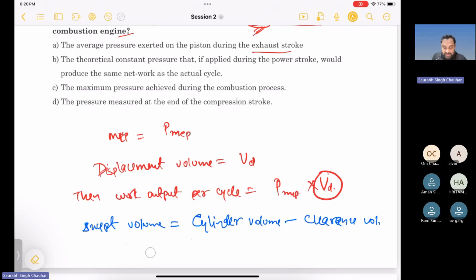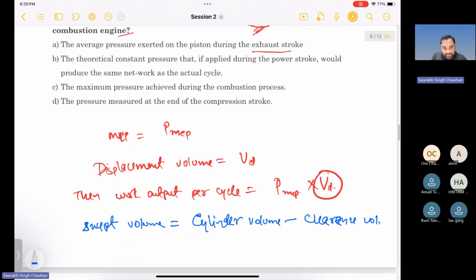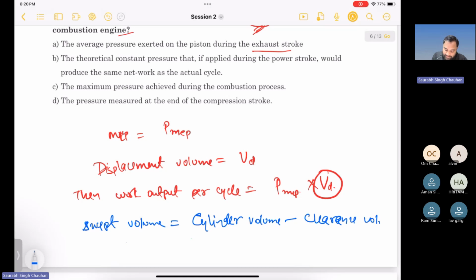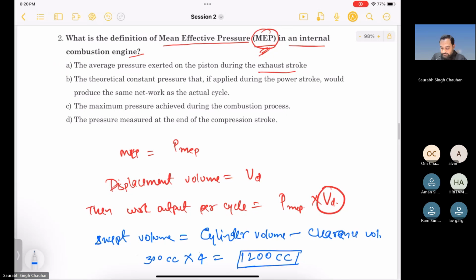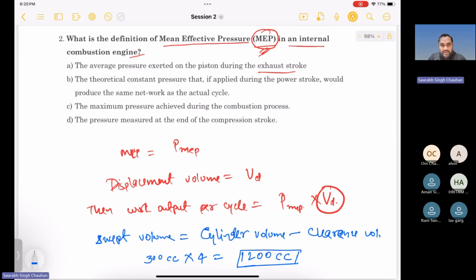Okay. Then let us say volume of one cylinder is 300 cc, and there are 4 cylinders. Then your total swept volume will come 1200 cc. Then you will call, okay, this engine is 1200 cc engine. Okay, like that you define it. And what is this swept volume, that we have already discussed in the previous session.